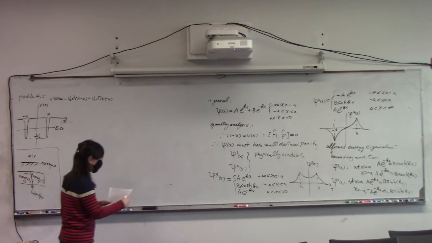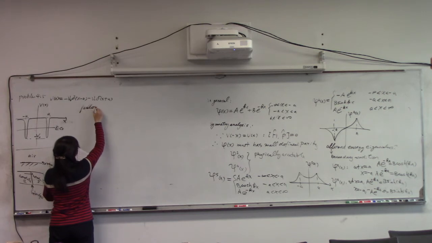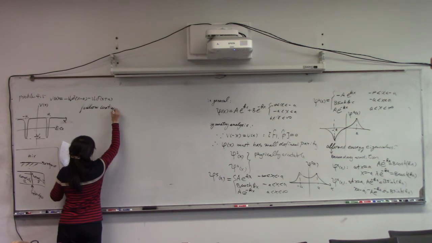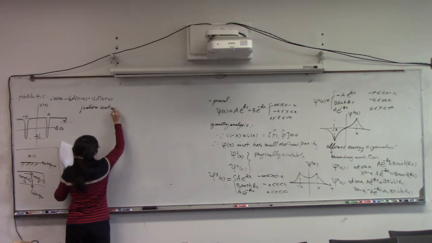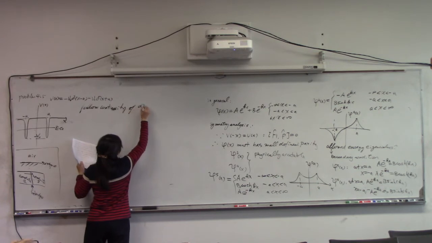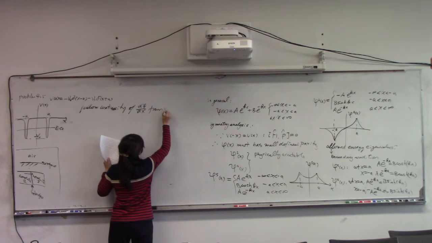So we need to follow the continuity of the derivative, from the Schrodinger equation.